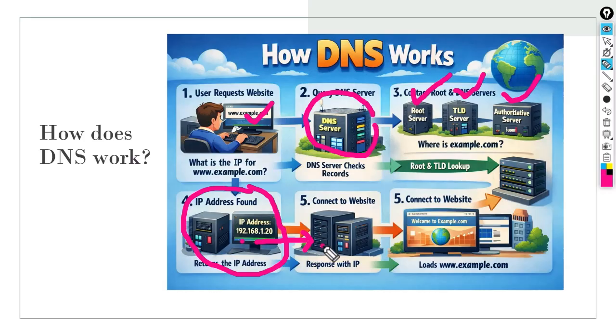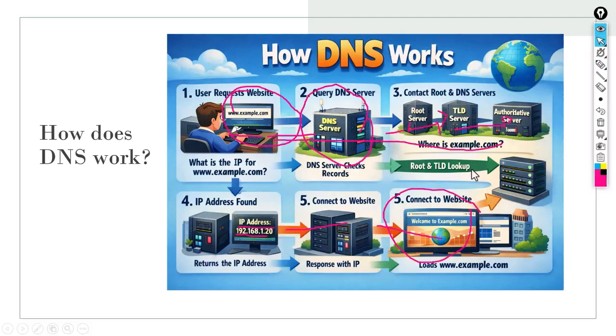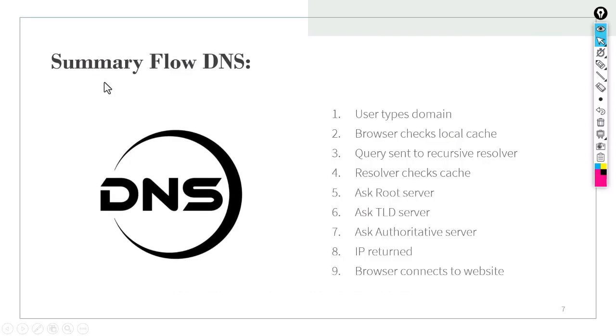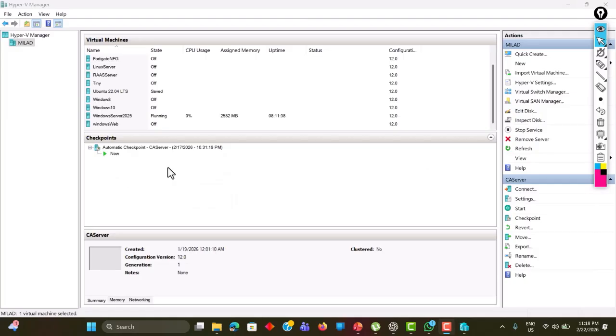After connecting, the website will be browsed in the user's computer here. This is how DNS works. As you have already got enough information on how DNS works, let's clean the page and jump to the next slide. So here, as I explained to you already, is the summary flow of DNS.